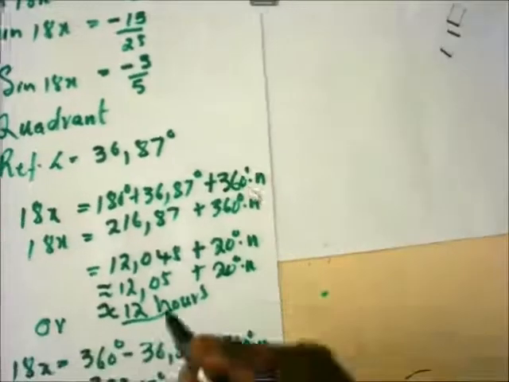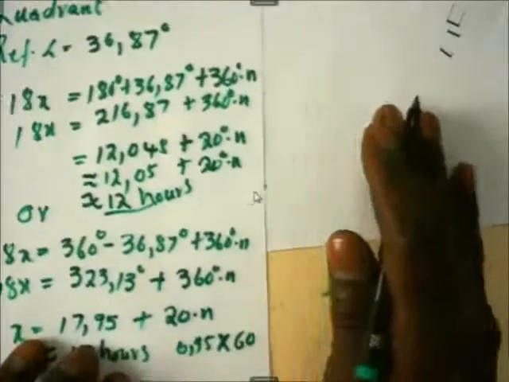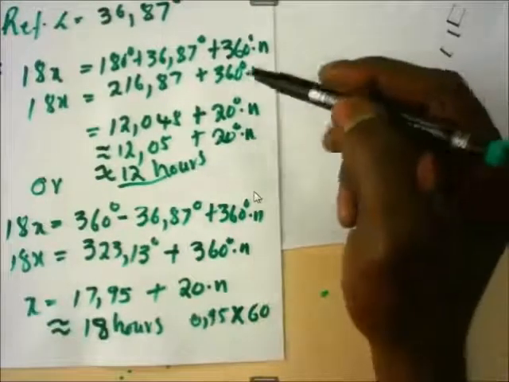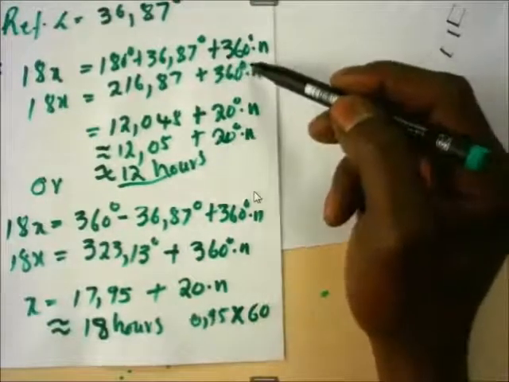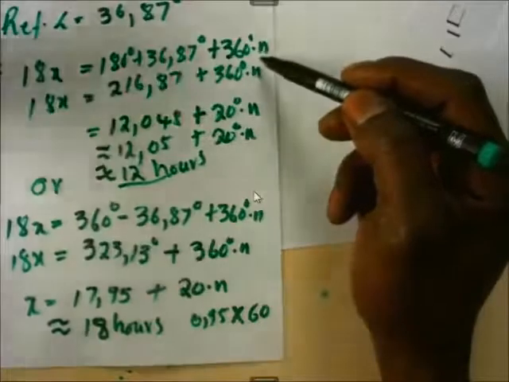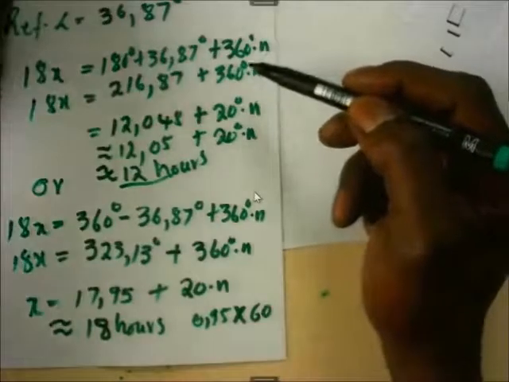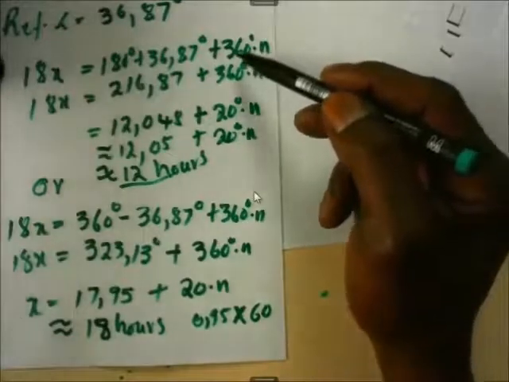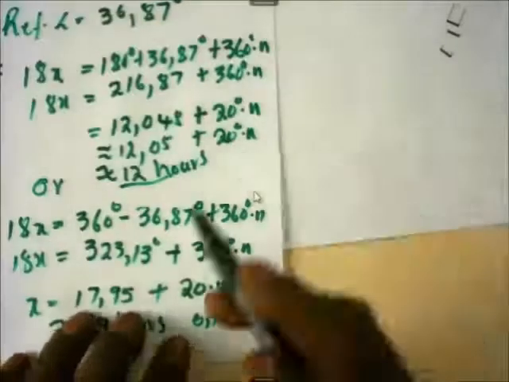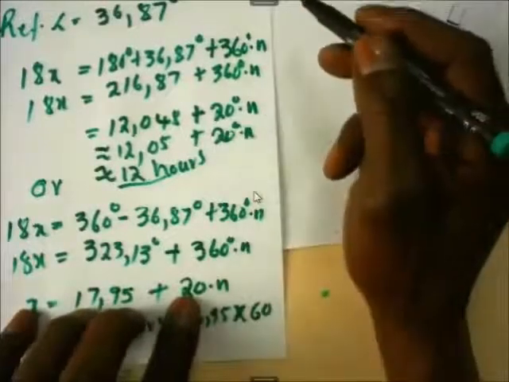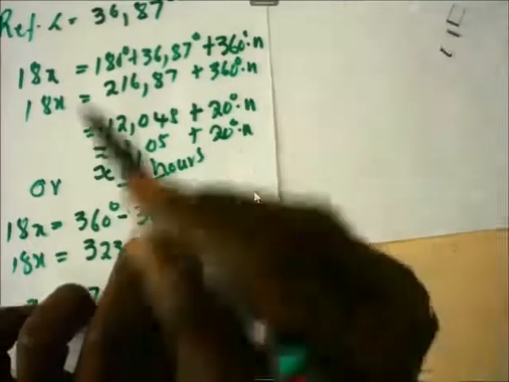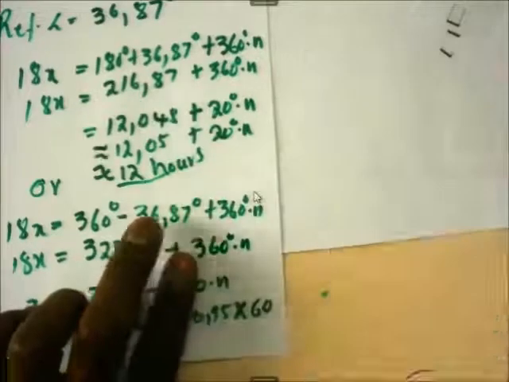So the two solutions that I'm having here are not giving me the full marks. Hence, I'm adding 360 degrees times n, because originally I had the trigonometric ratio of sine there. So I'm rectifying this to get the other answers. I've actually fallen into the trap by not writing the general solution.